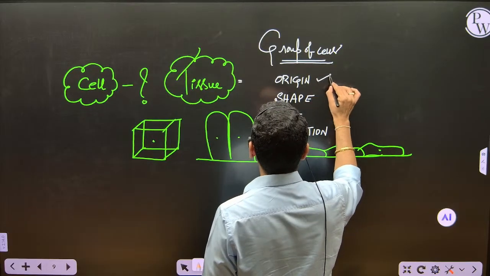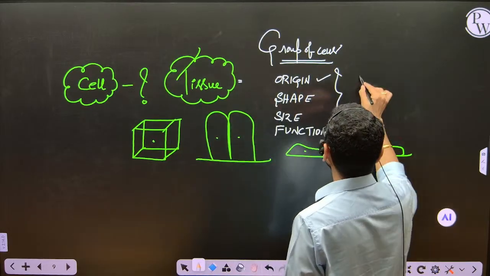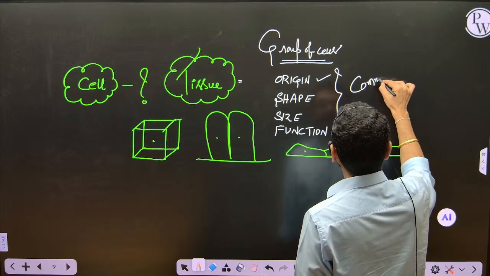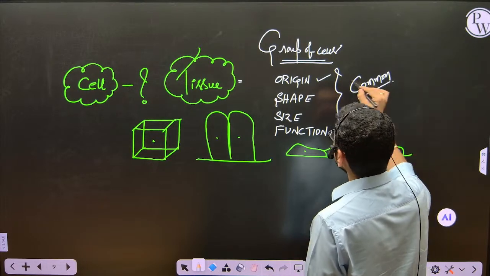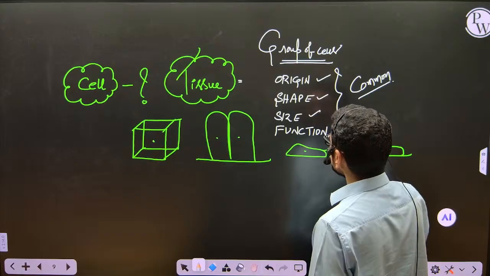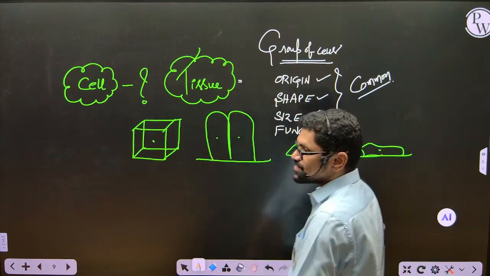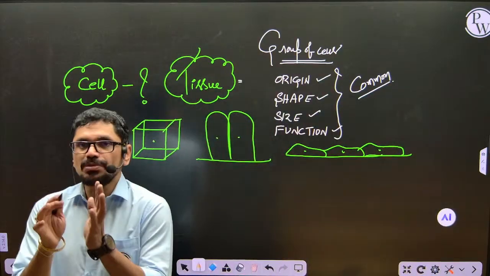So the origin should be the same. A group of cells having common origin, shape, size and function is called tissue.